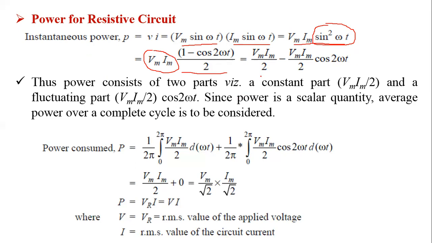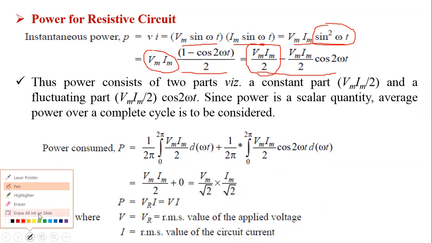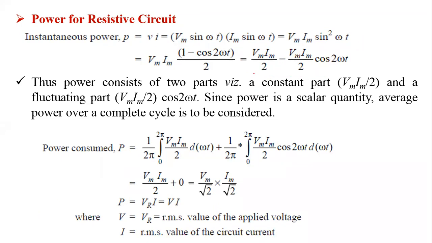If you carefully observe this equation, here we have two parts. One is constant, because maximum value of voltage and maximum value of current is going to be constant, and there is no frequency dependent term in the first part. In this part you can see there is no omega term, so this is constant. But the second one is time varying or frequency dependent, and that frequency is double that of the supply voltage.